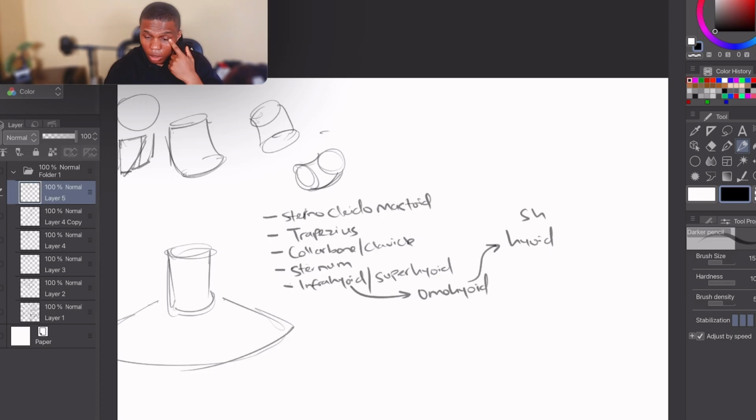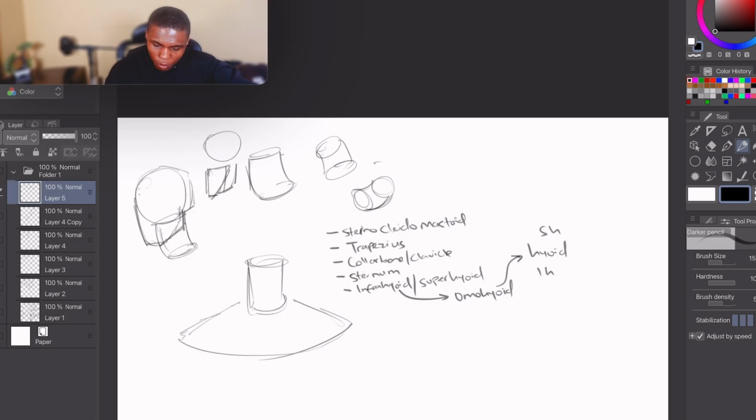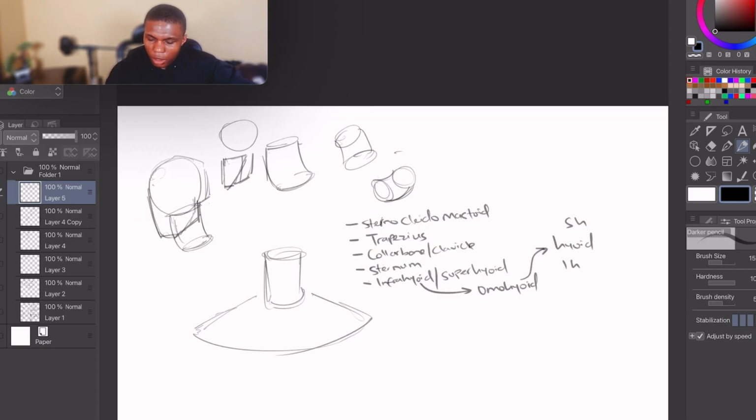That's where they are. So we have the suprahyoid muscles above, and then the infrahyoid muscles below. So that is what it looks like.